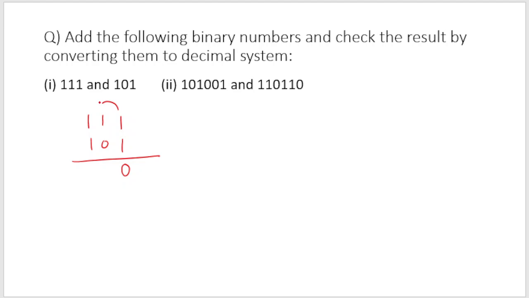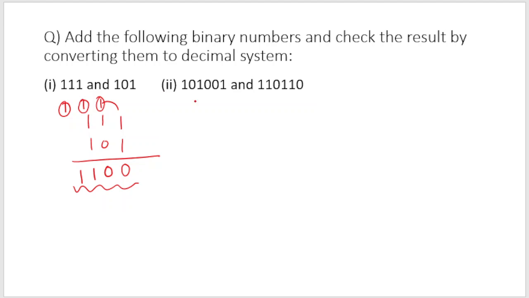Now we have 1 and 1, so this 1 and 1 will give me 0, and again this 1 will be carried over to the next left column. Then 0 plus 1 will give me 1, and we already have a carried over term, so that is 1 1 0 0. I hope you got this addition.